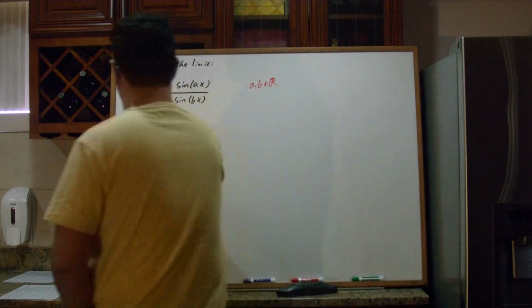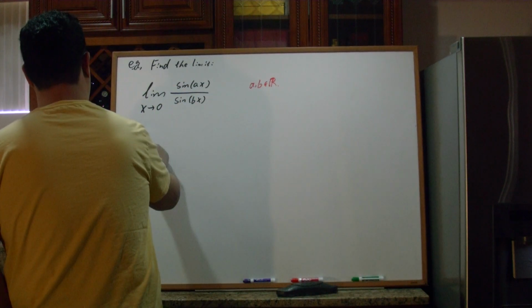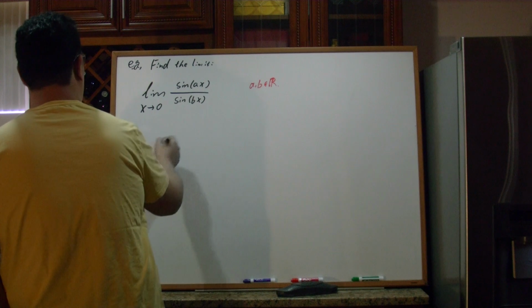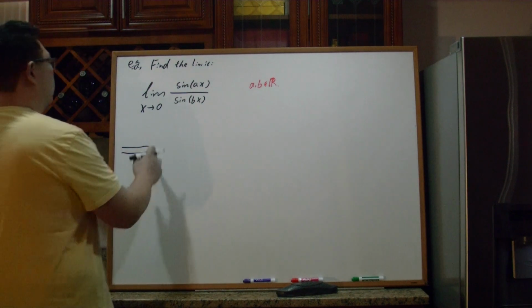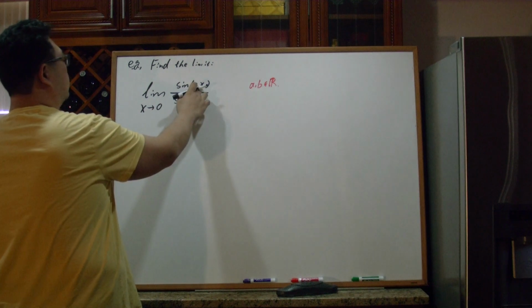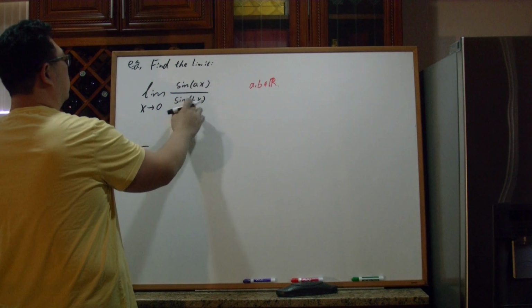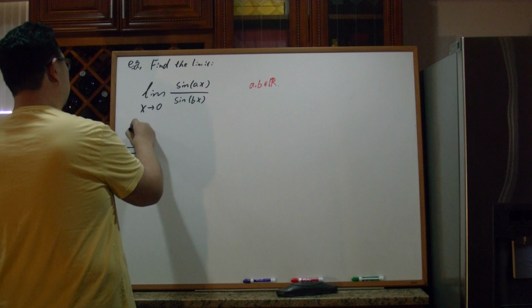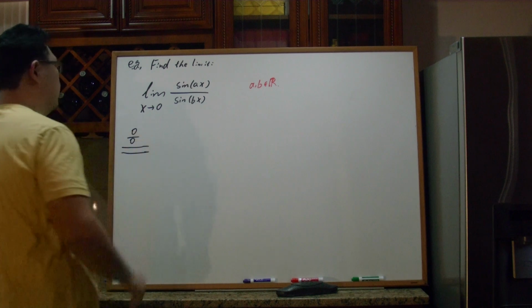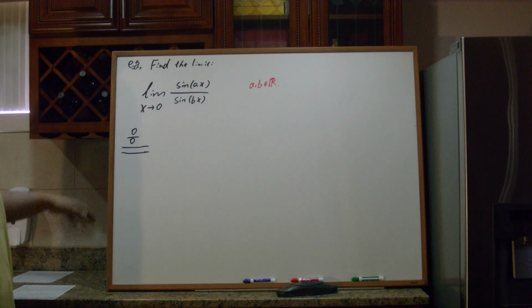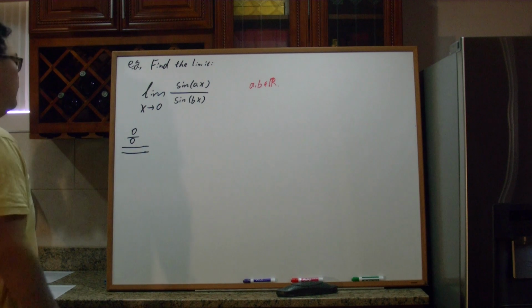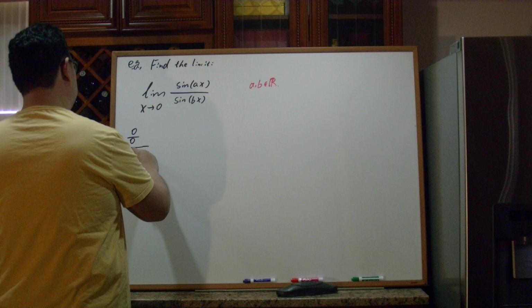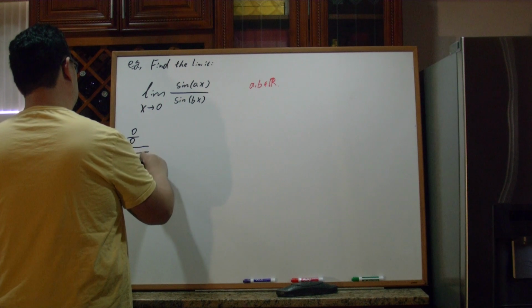But since we check the condition, if we put 0 in, that's sine of 0 over sine of 0, which is the format of 0 over 0, indeterminate. We could write that above the equation sign. Then what we could do is apply L'Hopital's rule.